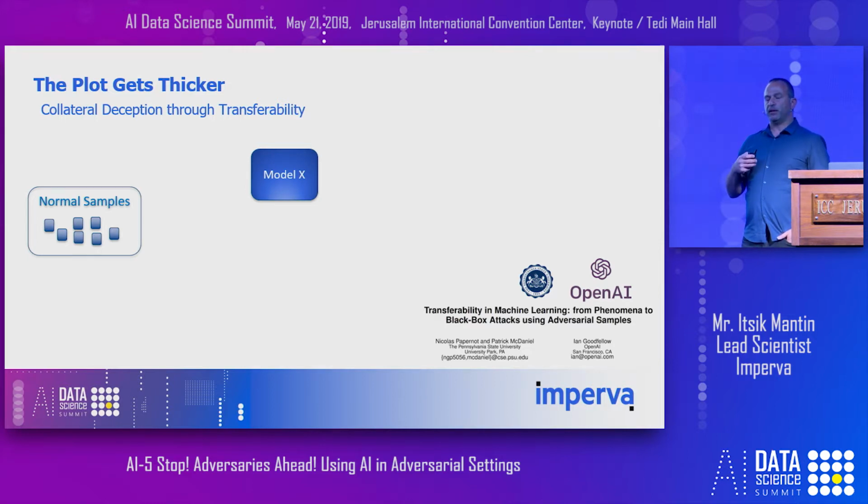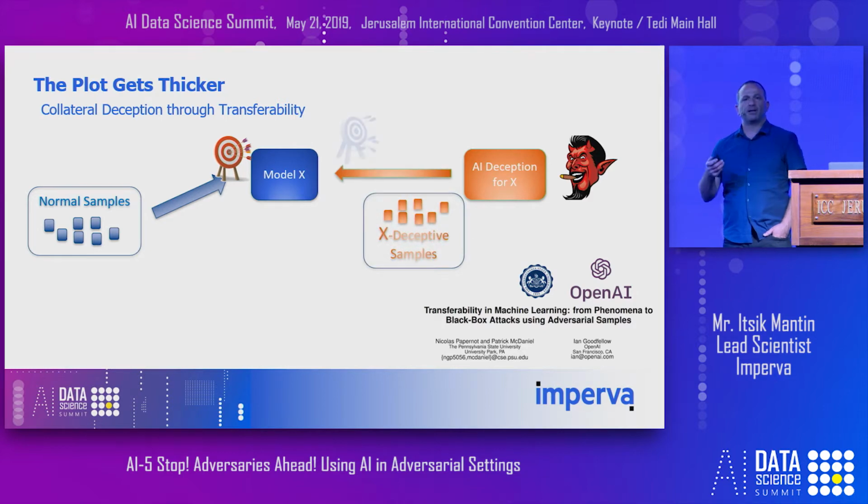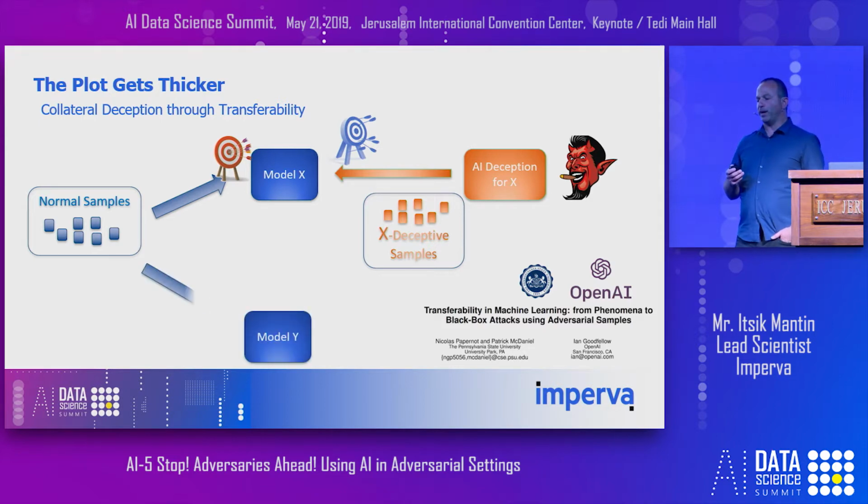They analyzed the case where there is a classification model X that has a pretty good success ratio on normal samples. And then the bad guy, the adversary, comes and generates some deceptive samples that are able to fail this model. Now, suppose that there is a model Y that someone else built independently.